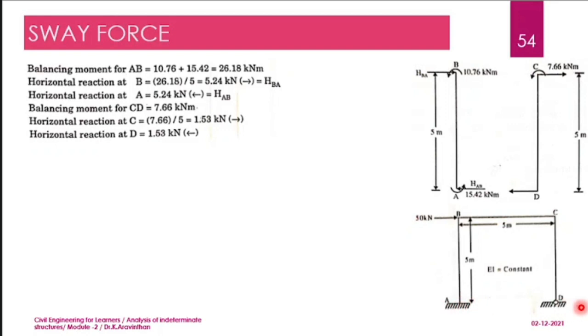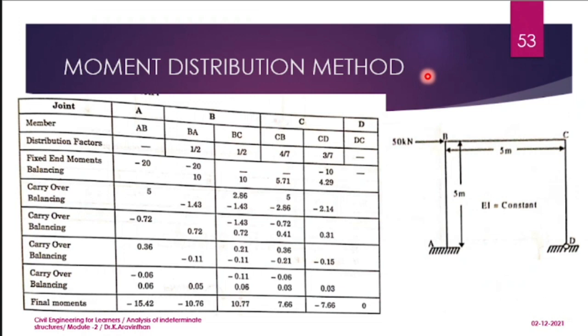So for finding that, you have to split all the members, that is AB and CD. Why we are not considering BC in the sense, this is a horizontal member, you will be not experiencing any sway force. Okay, now considering AB, it is written here, and what is the moment you got here is 10.76, that is, see, you got B2A as 10.76 and 15.42 at this point.